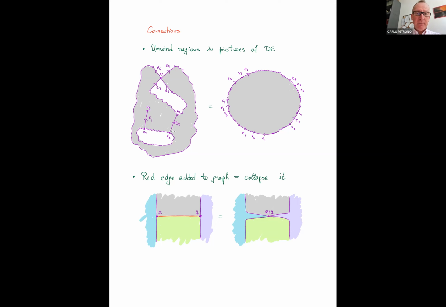So the boundary can be, the disk can be self-adjacent to itself. And in the picture, I will always draw these disks unwound, with self-adjacencies removed. So for instance, here you see, as I travel along the boundary, I see V2, E1 inverse, which is here, V2, E1 inverse.